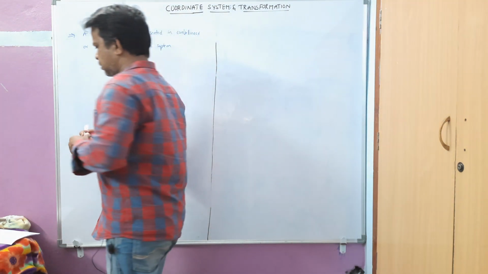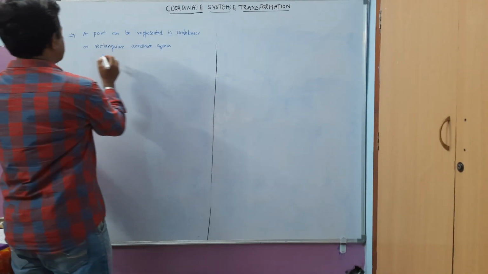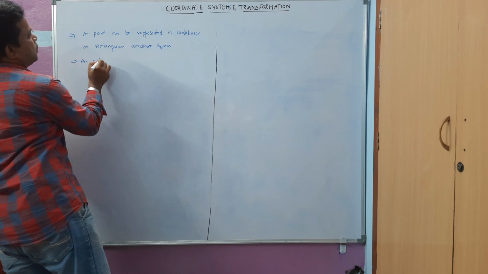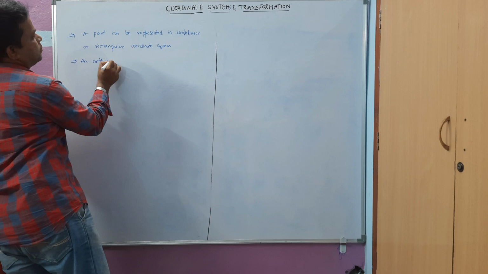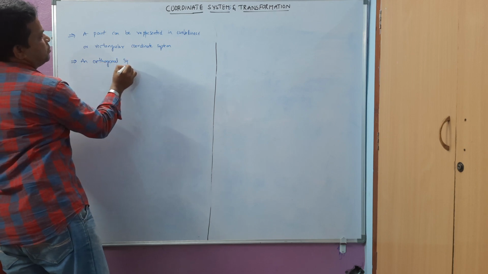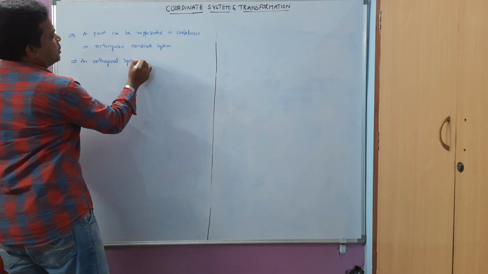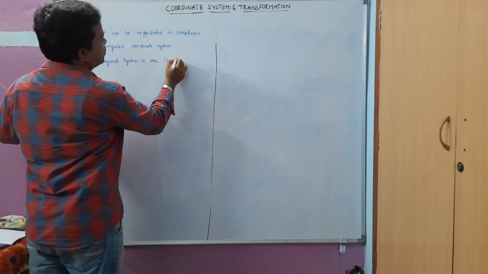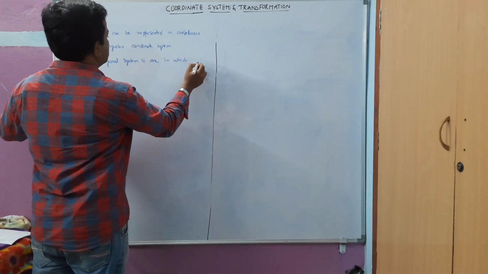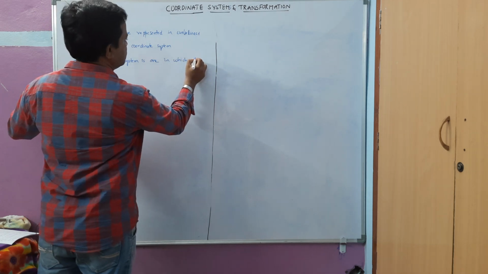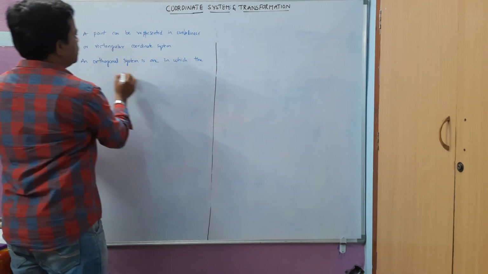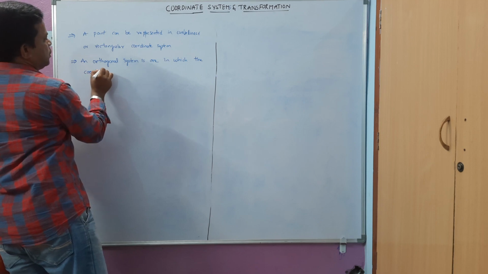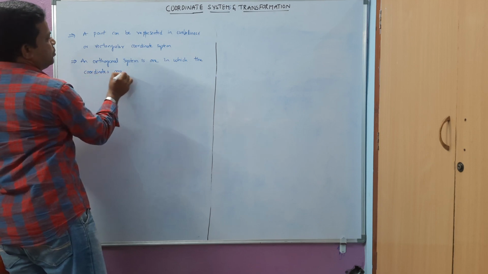An orthogonal system is one in which the coordinates are mutually perpendicular.